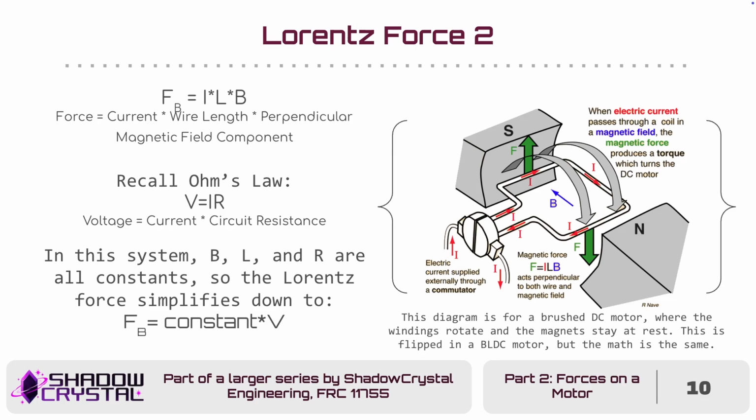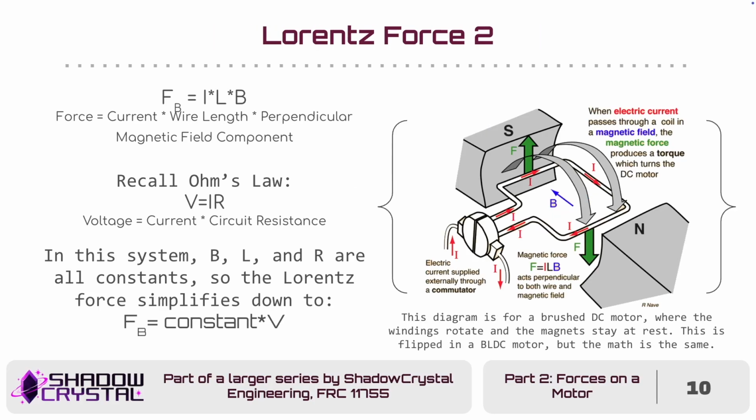And what you have to recognize in this situation is that your wire length is constant, your circuit resistance is constant, and your perpendicular magnetic field component is, for all intents and purposes, approximately constant, because if you go back to the diagram right here, you have a relatively full set of circular permanent magnets, so the field will remain relatively constant. Oh, excuse me, I skipped a bit too far.